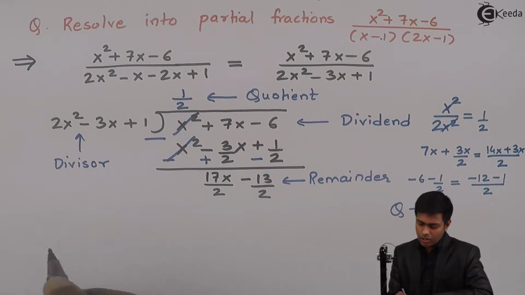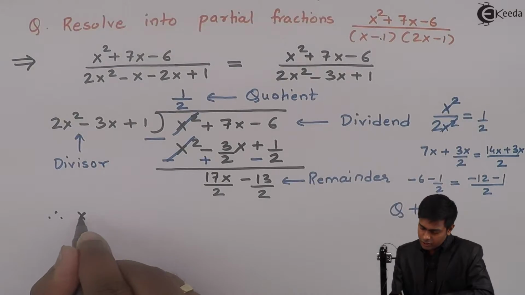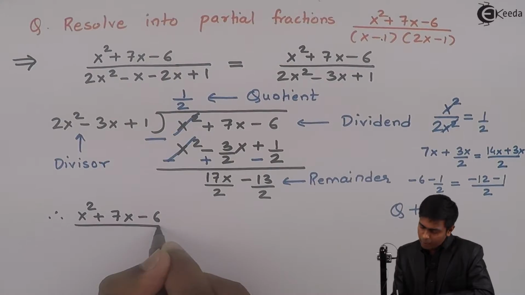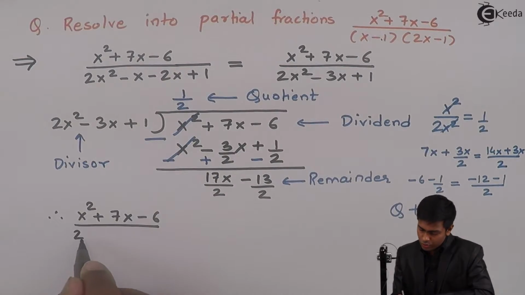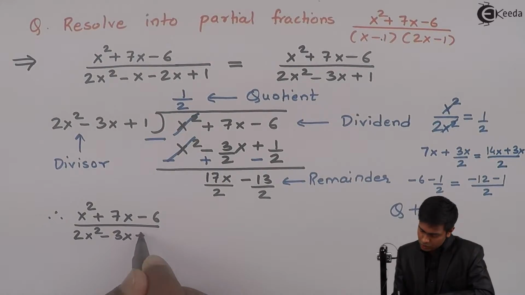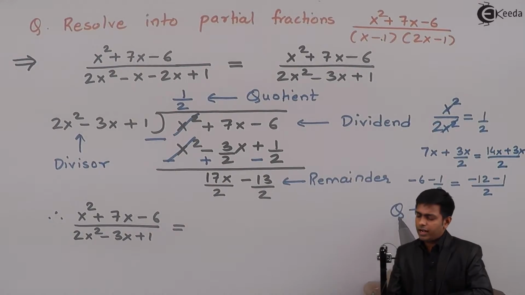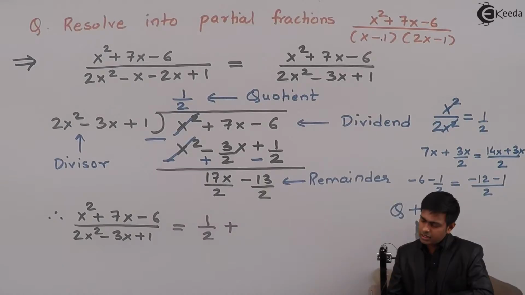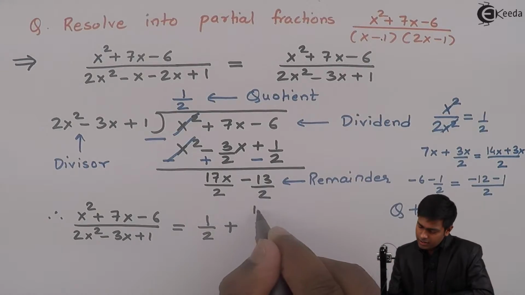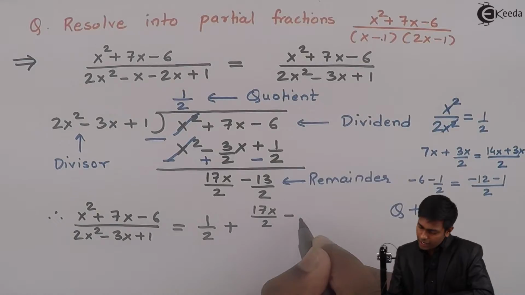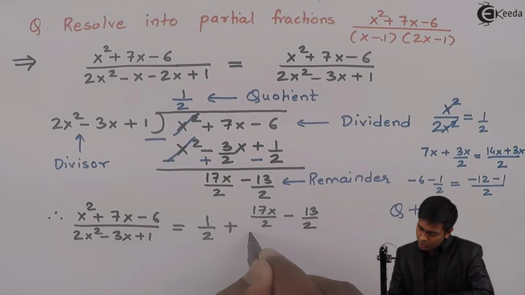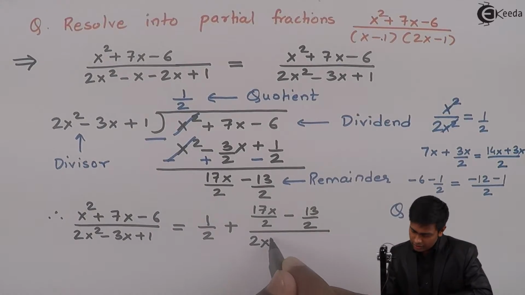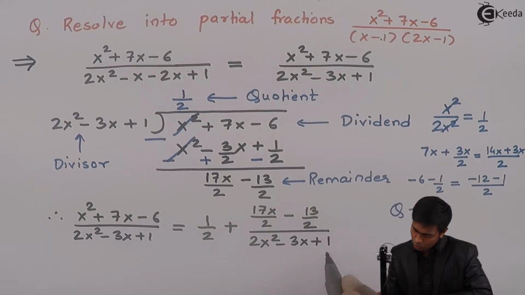So we get (x² + 7x − 6) upon (2x² − 3x + 1) equal to the quotient 1/2 plus the remainder (17x/2 − 13/2) upon the divisor 2x² − 3x + 1.